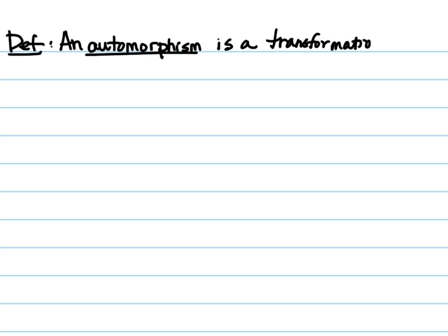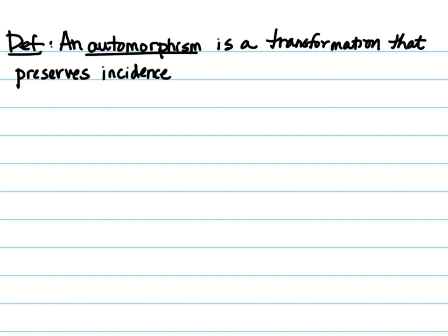So an automorphism is a transformation that preserves incidence.